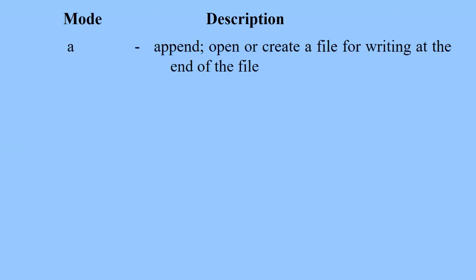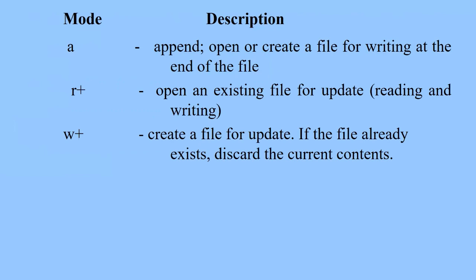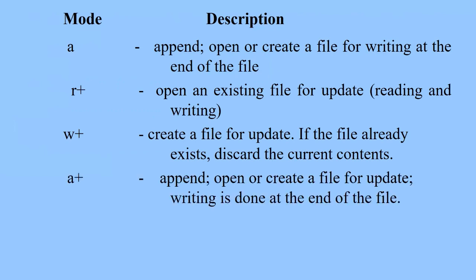A means append. Open or create a file for writing at the end of the file. R plus means open an existing file for update, that is reading and writing. W plus means create a file for update. If the file already exists, discard the current contents.